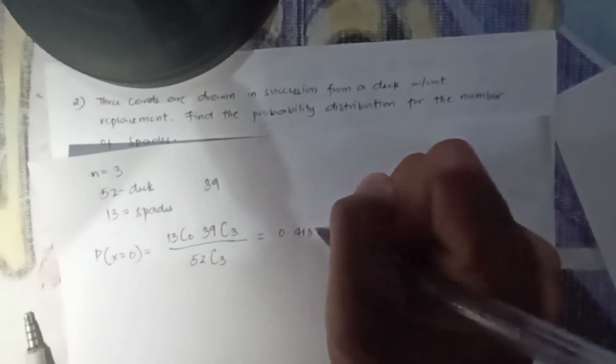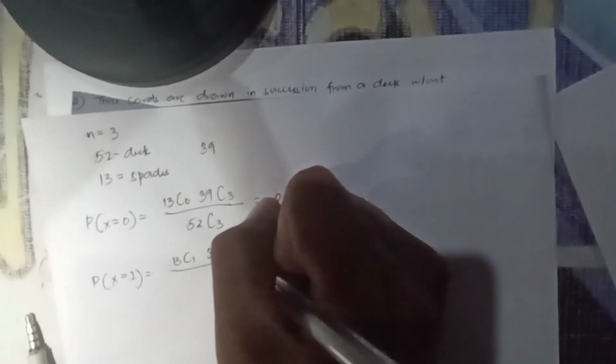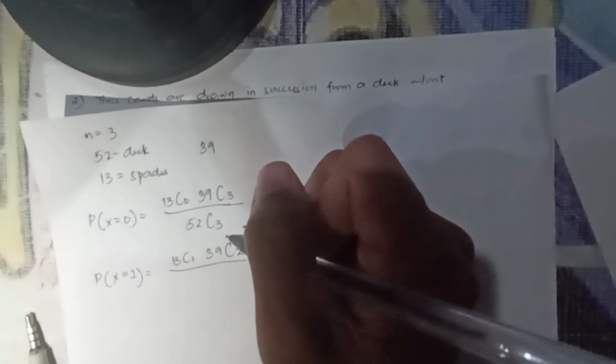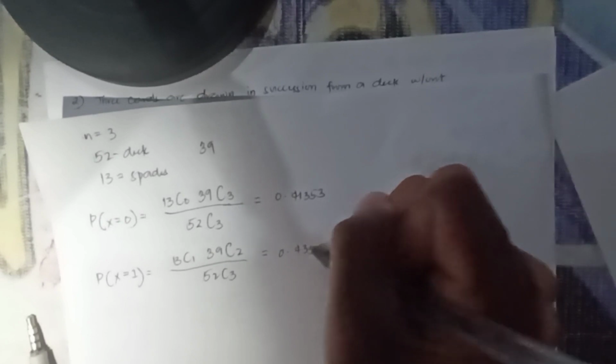And then you substitute into the combinations: 13 choose 0, and then you have 39 choose 3, over the overall 52 choose 3. So you have now the value of 0.41353 for x equals 0. And then you need to also get the value for 1: 13 choose 1, 39 choose 2, over the overall 52 choose 3, which is 0.43588.